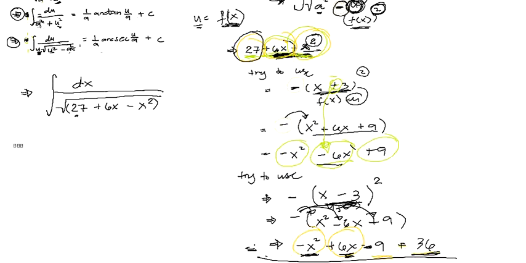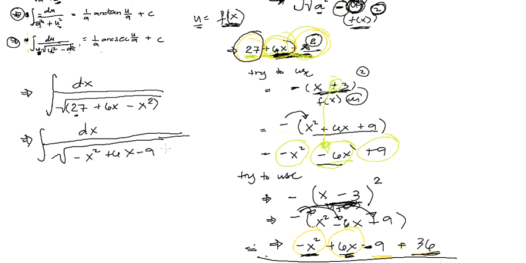Okay, so finally we can rewrite this as the integral of dx all over the square root of negative x squared plus 6x minus 9 and then plus 36, wherein this part is, we said that it is this part.